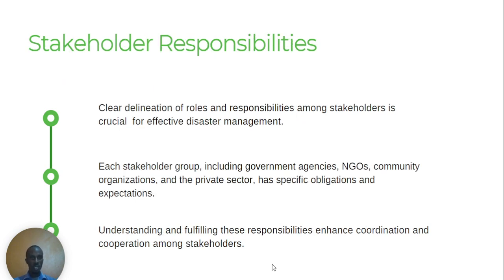So the responsibilities of stakeholders: there should be clear delineation of roles and responsibilities among stakeholders for effective disaster management. So each stakeholder group, including the government agencies, the NGOs, the community organizations, and the private sector, should have clearly spelled out obligations and expectations during emergency planning and disaster management.